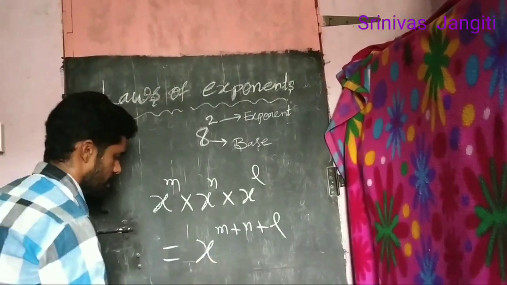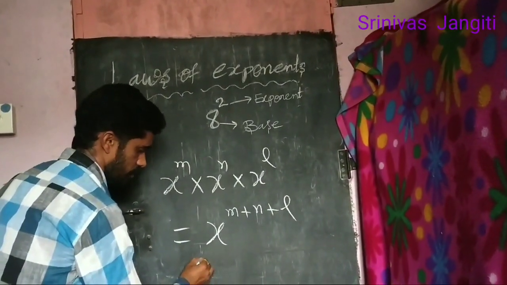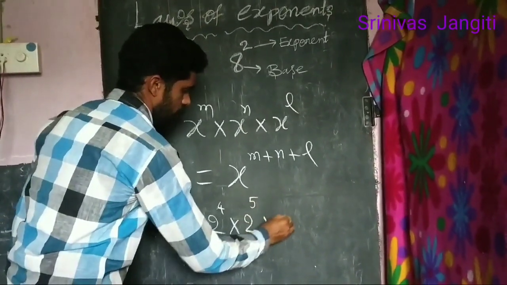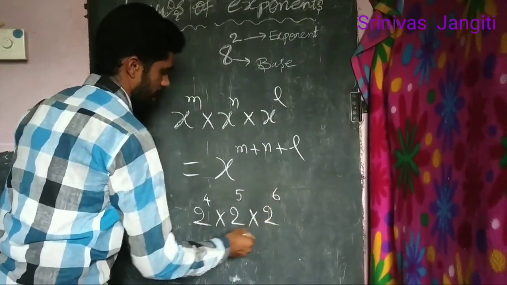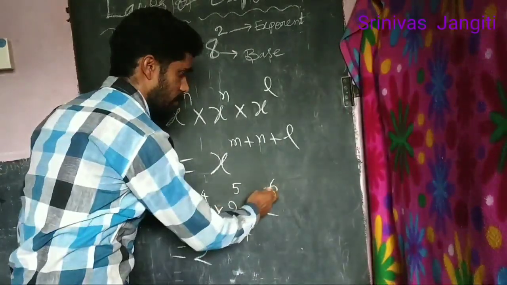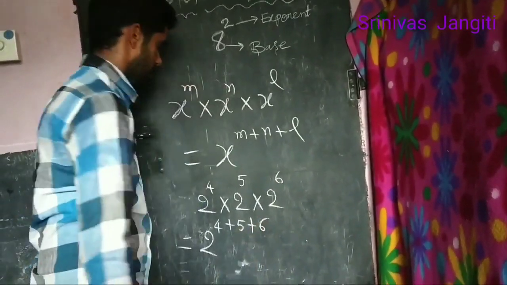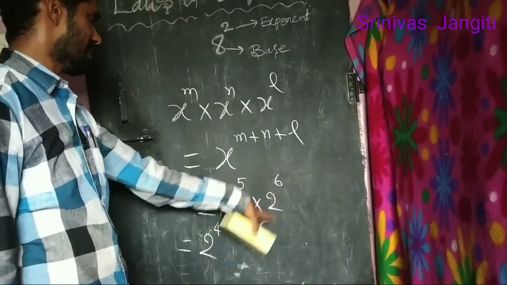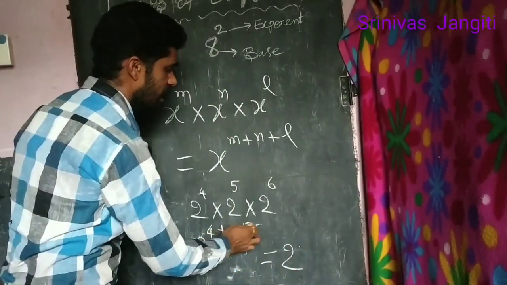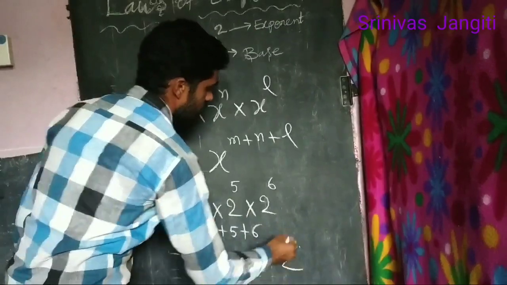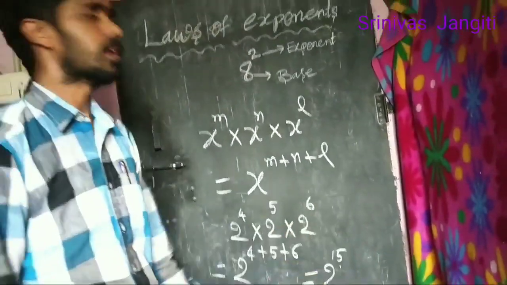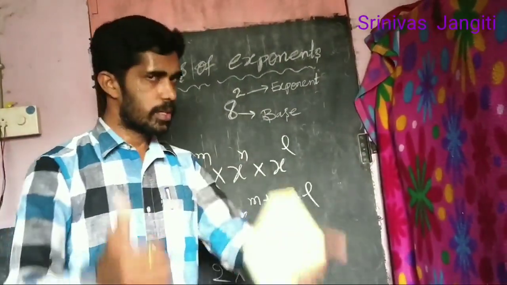Suppose 2 to the power of 4 into 2 to the power of 5 into 2 to the power of 6. Observe: 4 plus 5 plus 6. Then that is equal to 2 to the power of 4 plus 5, which is 9. 9 plus 6 is 15. Then 2 raised to the power of 15. So simple, these are the laws of exponents. Very good. Thanks for watching.